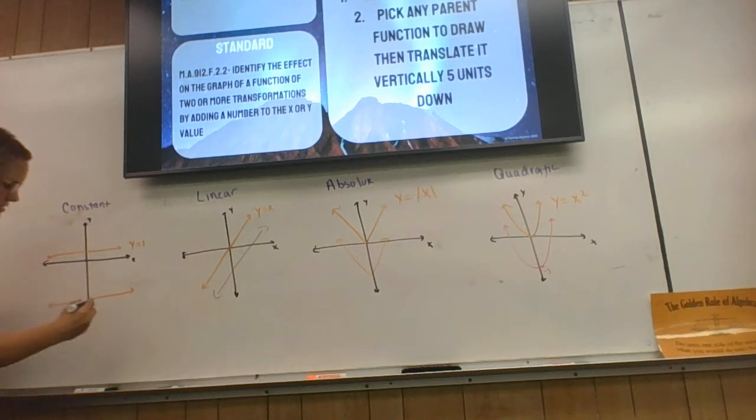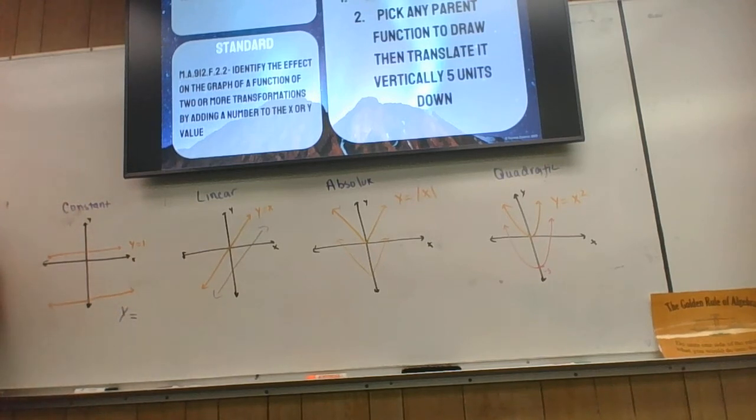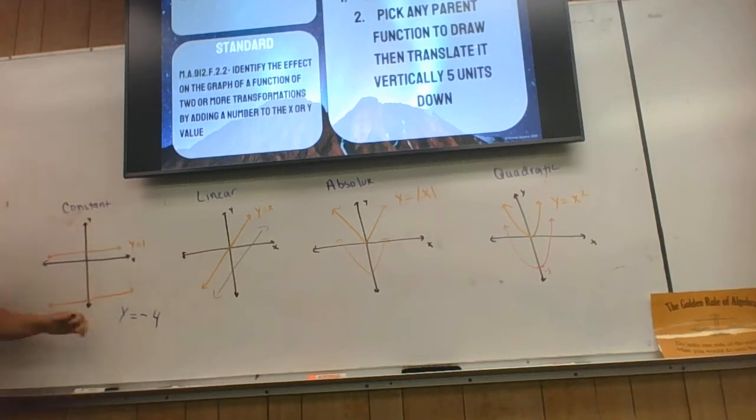Go for it. No, I'm gonna write it. You can just say it out loud. Y equals -5. Close. That's what I expected you to do. It's actually -4, because it's starting at 1 and then we're moving it down 5. So it's 1, 2, 3, 4, 5 would end up at -4.